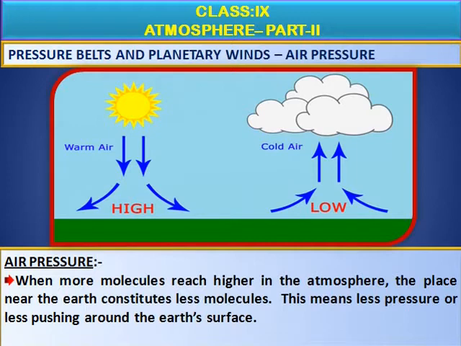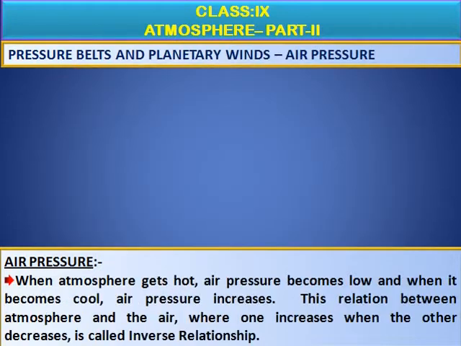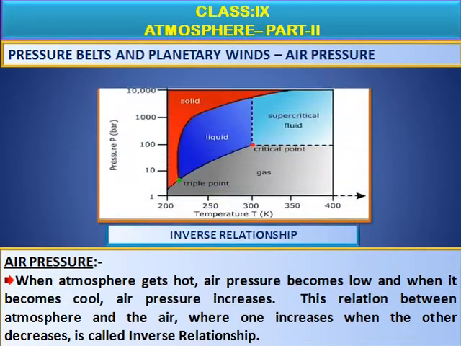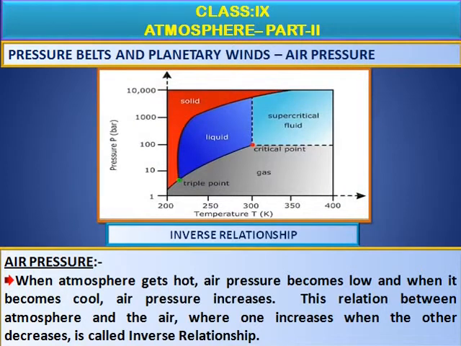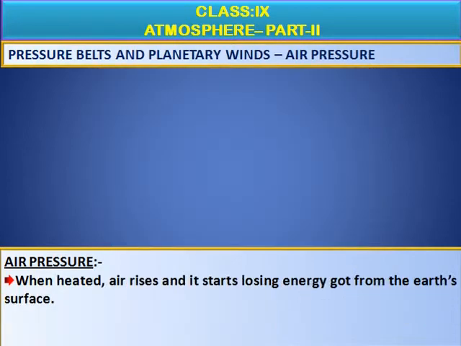This means less pressure or less pushing around the earth's surface. Children, this is called inverse relationship. Now, when atmosphere gets hot, air pressure becomes low, and when it becomes cool, air pressure increases. This relation between atmosphere and the air, where one increases when the other decreases, is called inverse relationship.